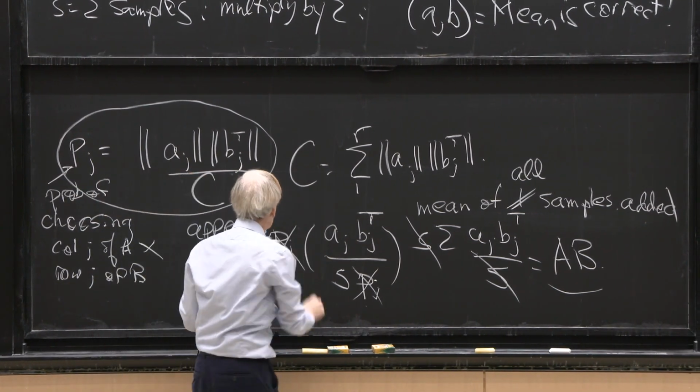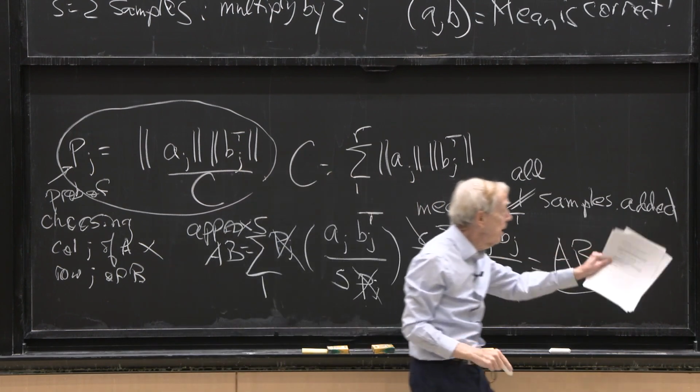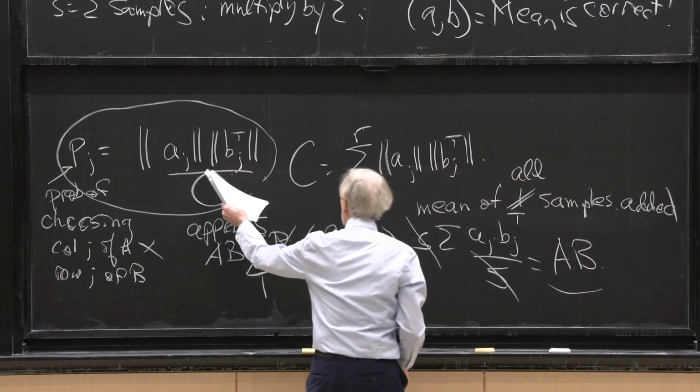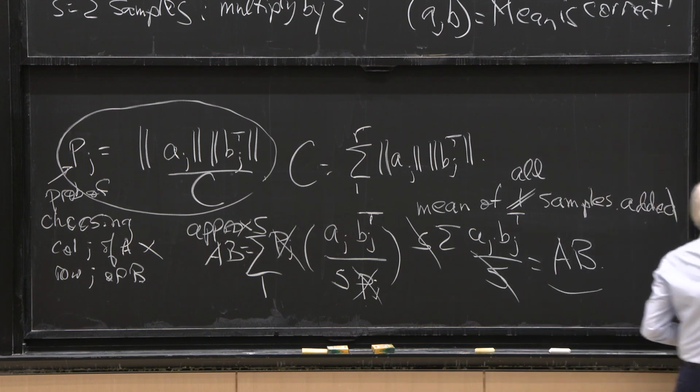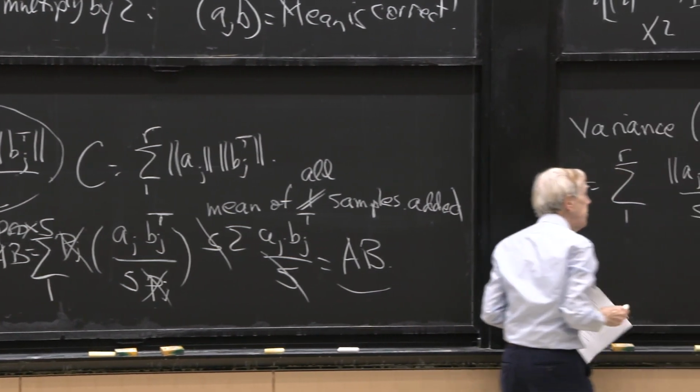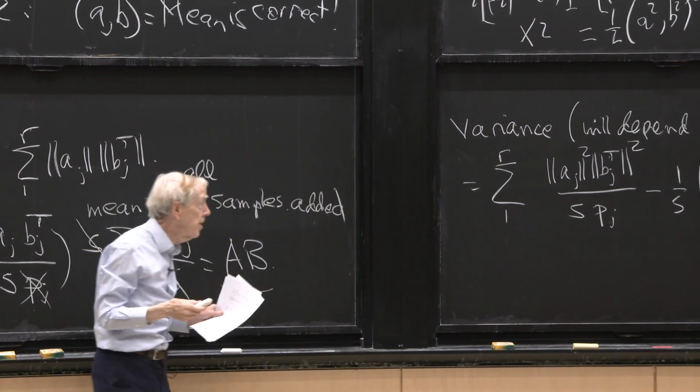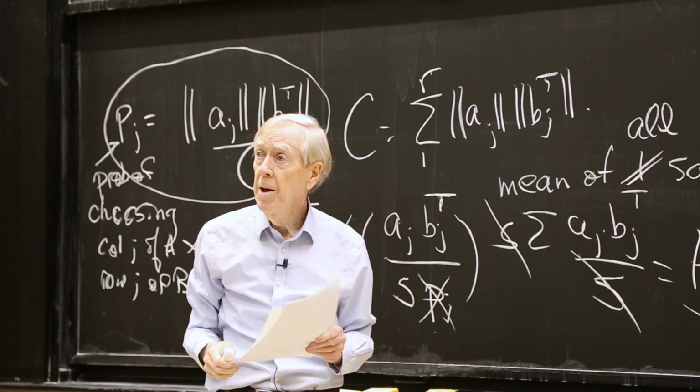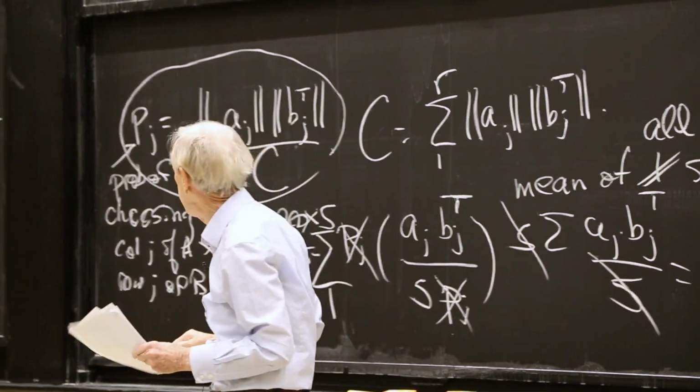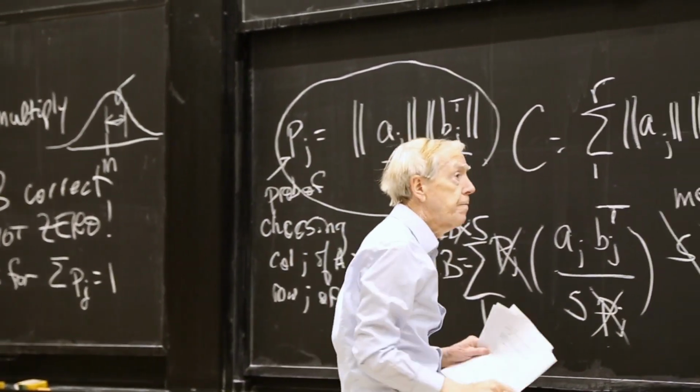So when I plug that into the denominator, it will cancel one of these, and I'll just have a sum of AJ, BJ norms, and what's that is C.